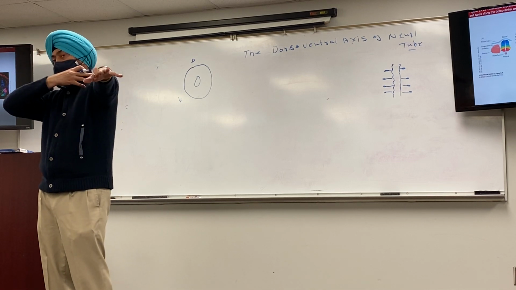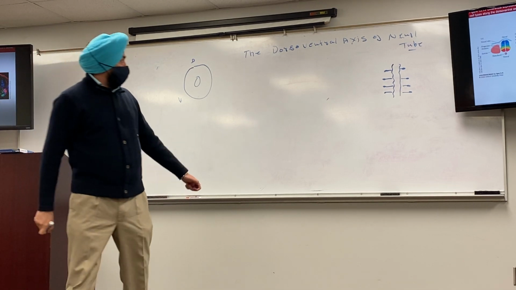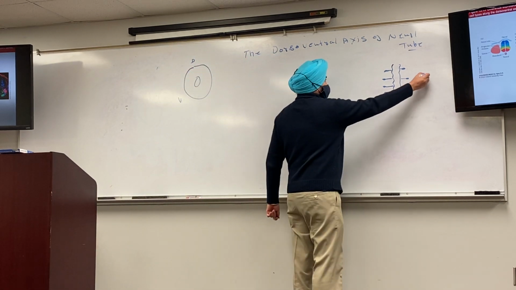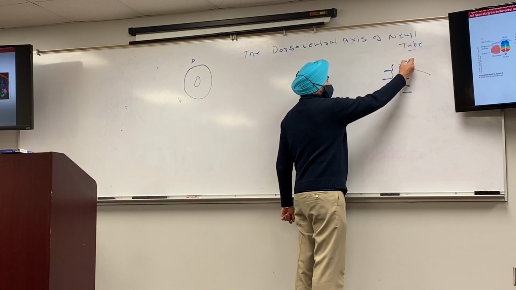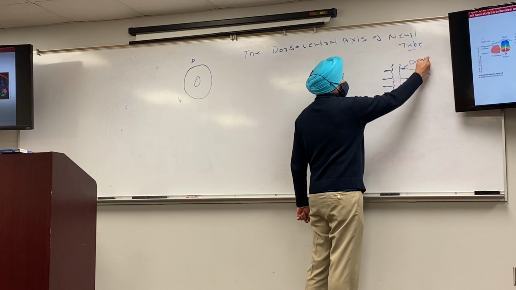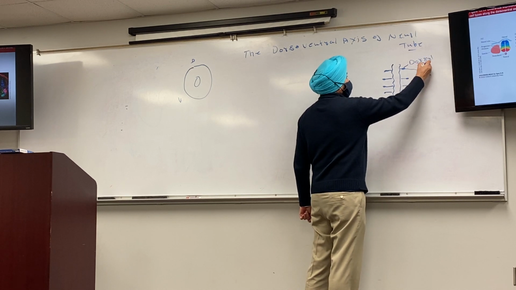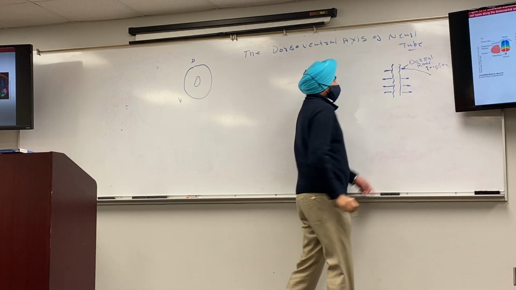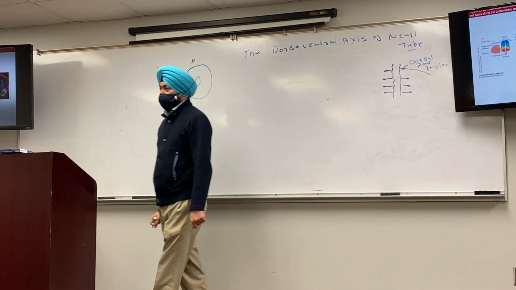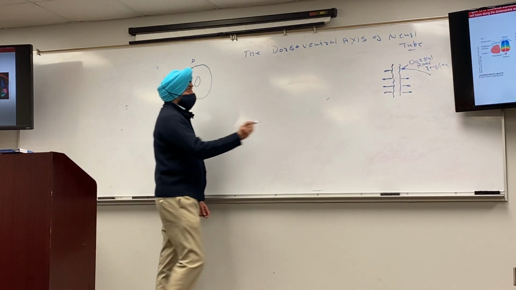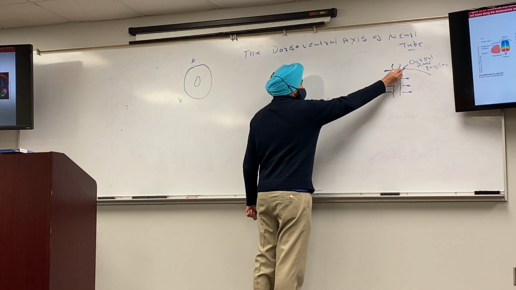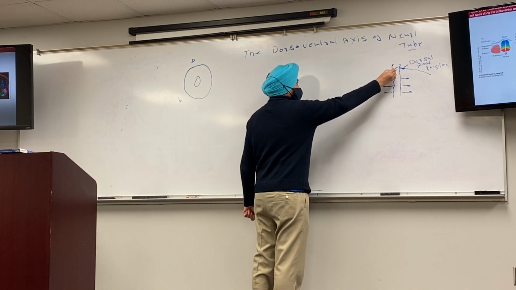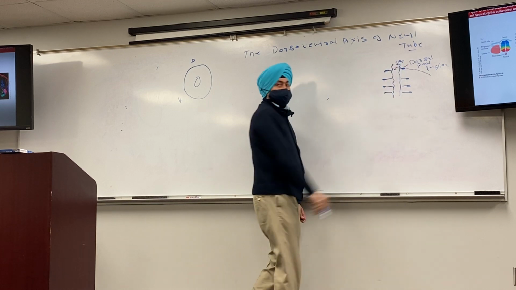That signal is going from your body to this group of neurons. These groups of neurons are called dorsal root ganglion. These are sensory neurons. These sensory neurons need to send signal to your spinal cord.